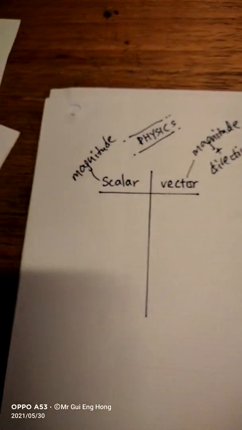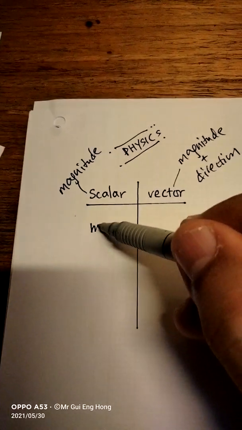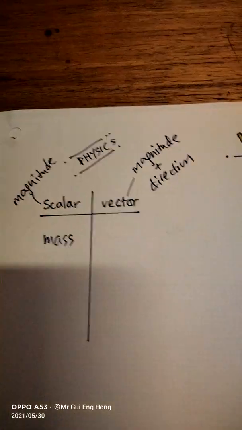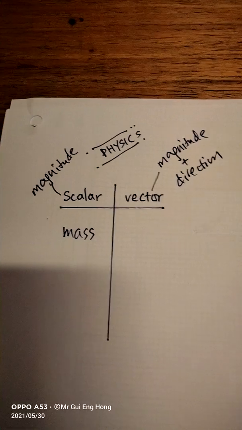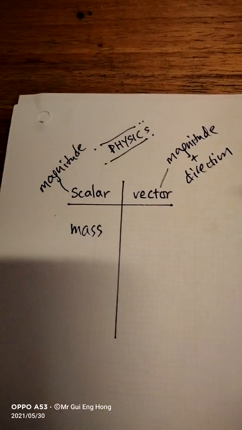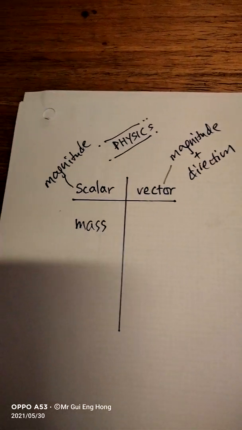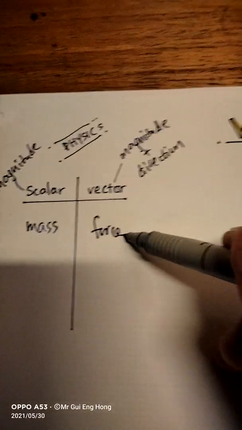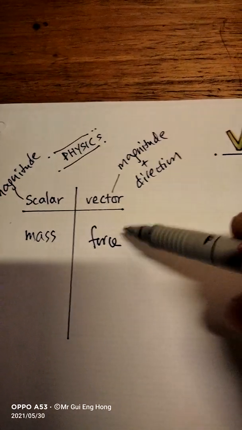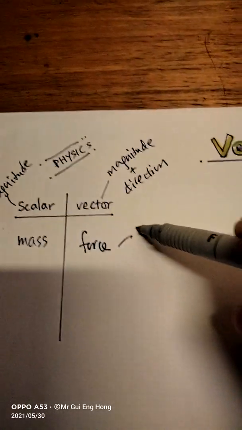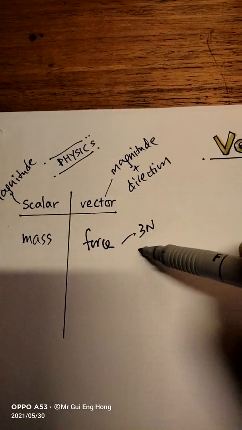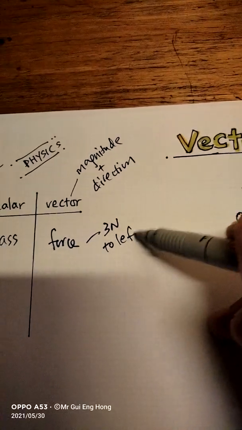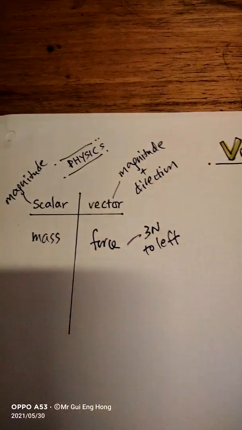An example of a scalar quantity would be mass. Suppose 3 kilogram of sugar, we need not state any direction because the mass has no direction. Force is an example of a vector because we need to know the size, say 3 Newton to the left, and we need to know the direction.